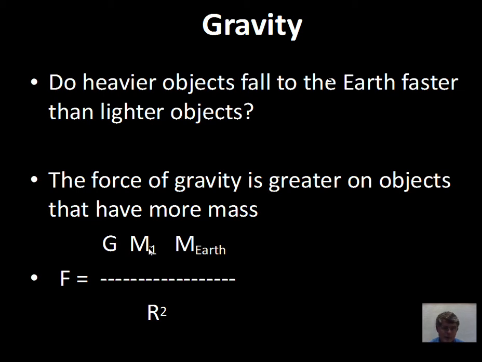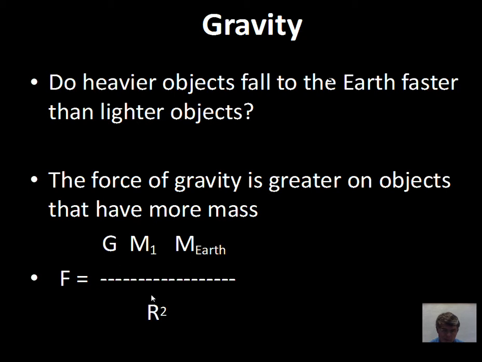So if we have mass 1, we get a certain force. What if I have 3 times mass 1? If the mass is 3 times greater, will the force be 3 times greater? If we leave g the same, it is a constant. If we leave the mass of the Earth the same, there's only one Earth that we're dropping these objects towards, and we leave the distance the same down to the center of the Earth, we drop all the objects from just 2 meters above the floor.